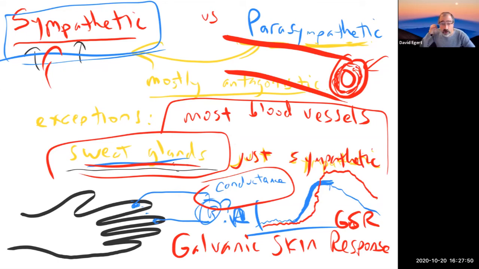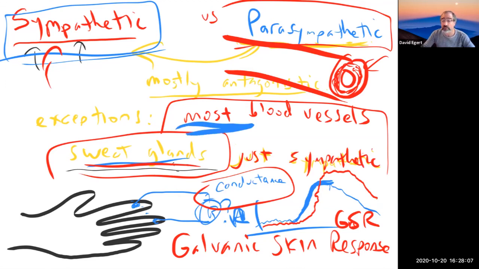There are some things that are parasympathetic when we get into sexual response, like the vasodilation that results in erection is actually from parasympathetic activation. But I will say most blood vessels are purely sympathetic.